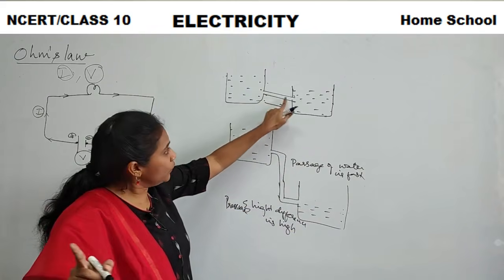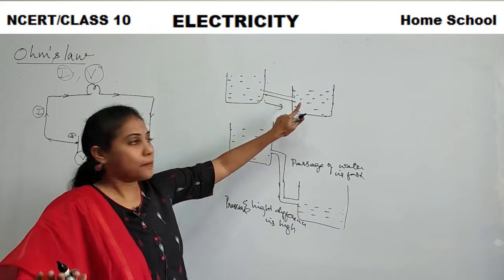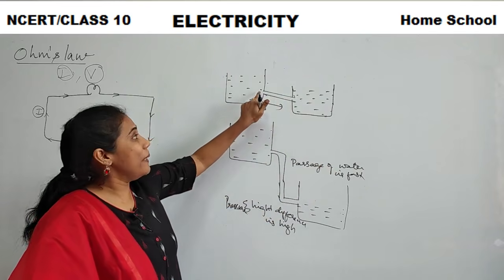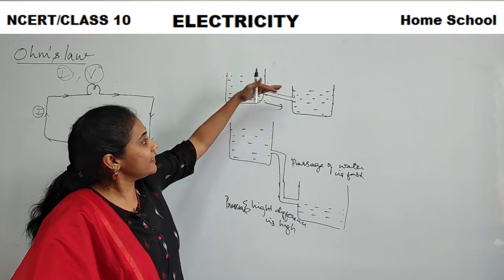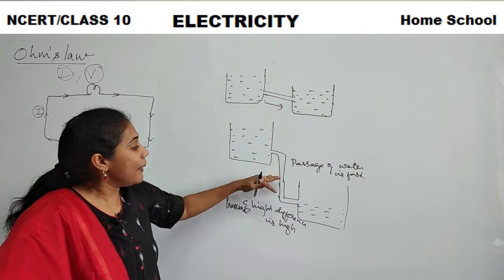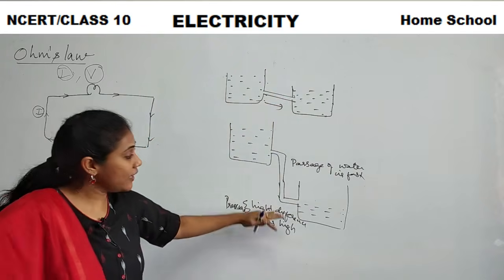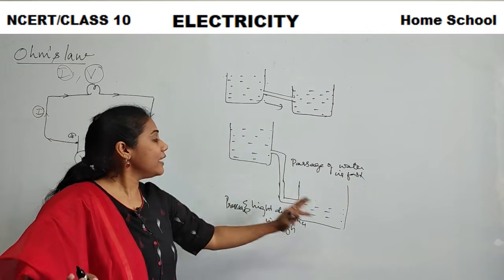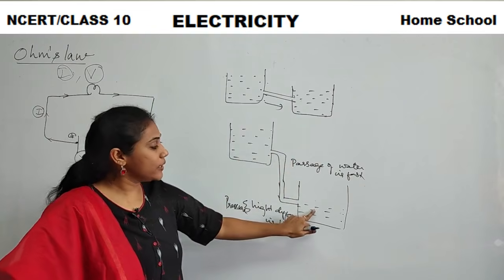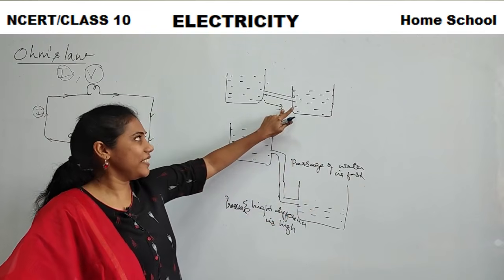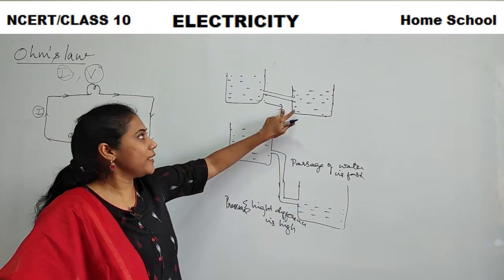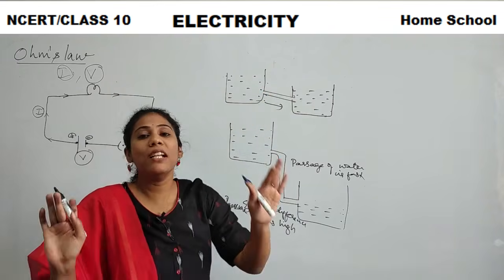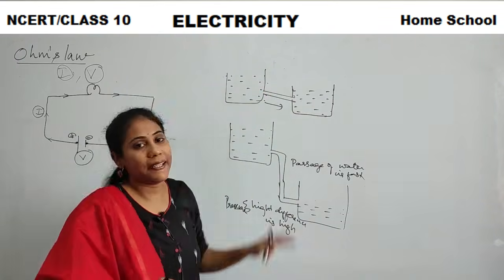Here you will observe water passage because a little height difference is there, but the amount of water passing in this situation is less compared to the other, because there you have more height difference, so more and more water can be passed from this end to this end. Here there is very little height difference, very little pressure difference, so water passes but only a little water will be passed from this end to this end.